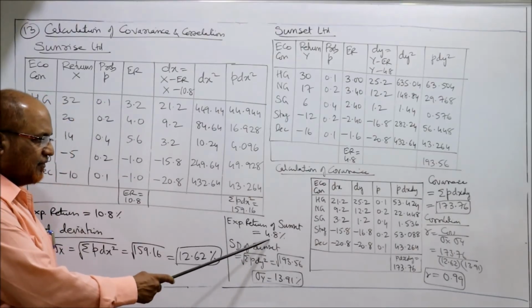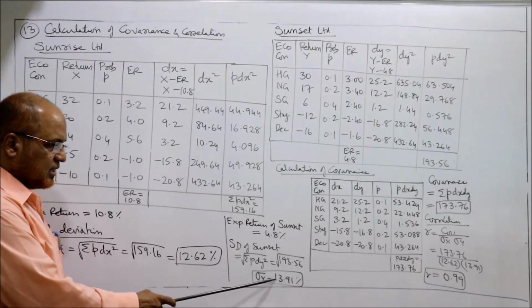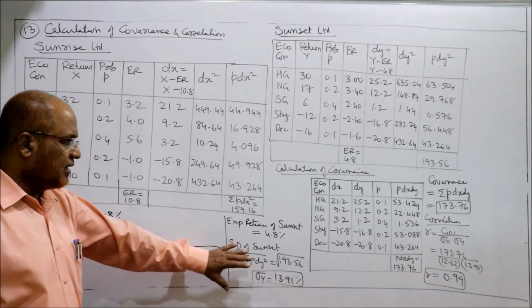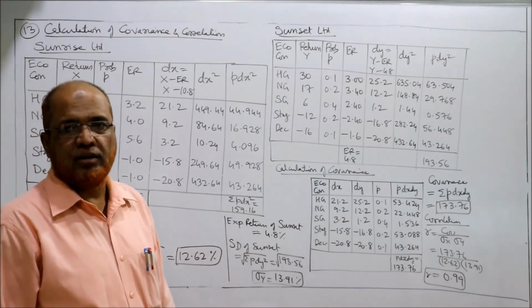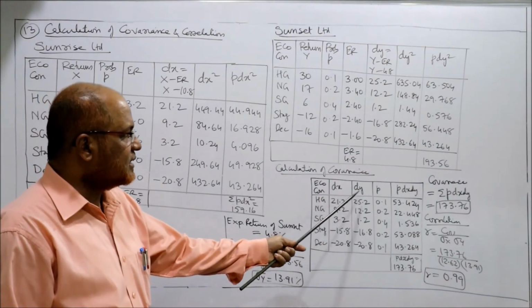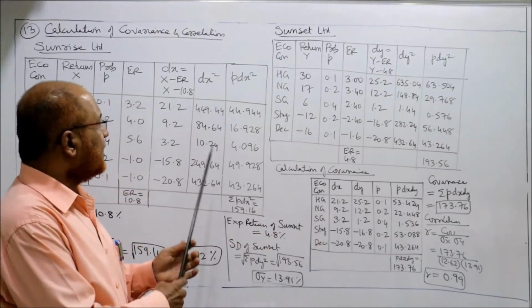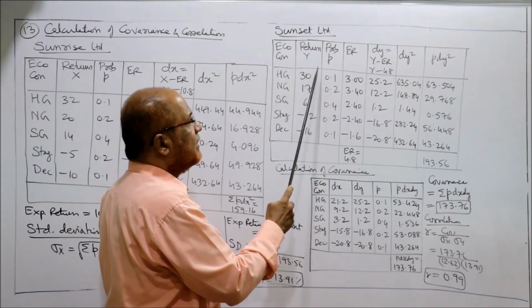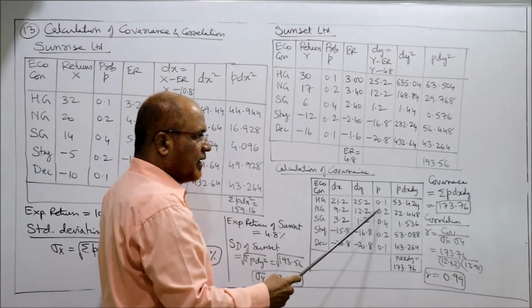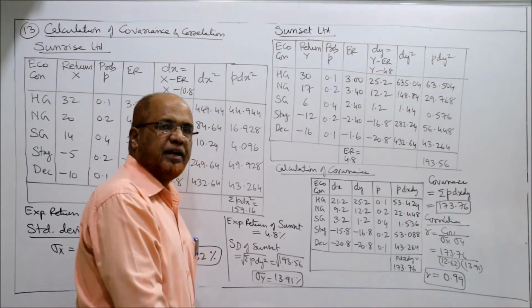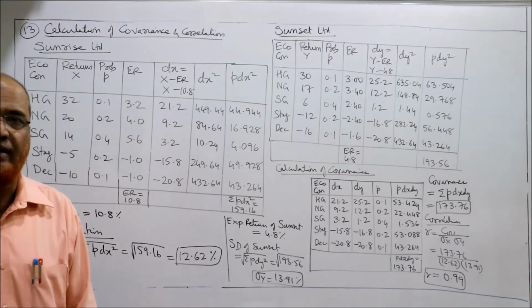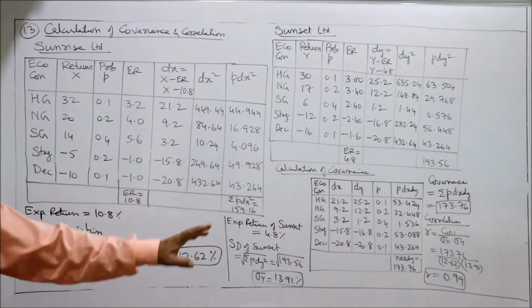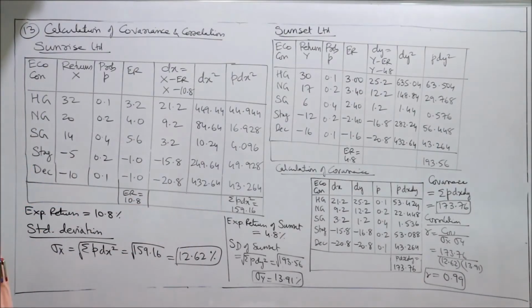We got expected return 4.8, standard deviation of Sunset 13.91. After standard deviation, now we need covariance. For covariance, dx into dy into p. Multiply all three, so p into dx into dy is the covariance. Covariance and correlation is 0.99.